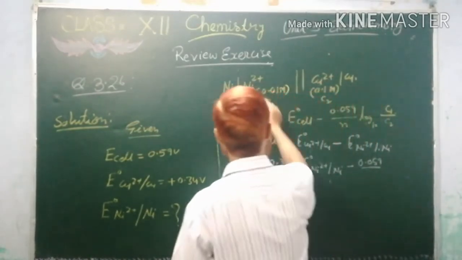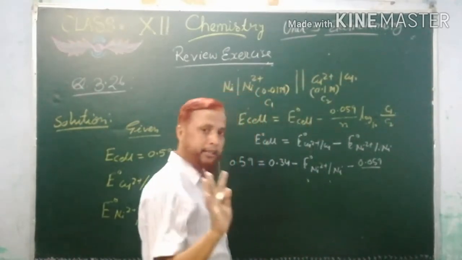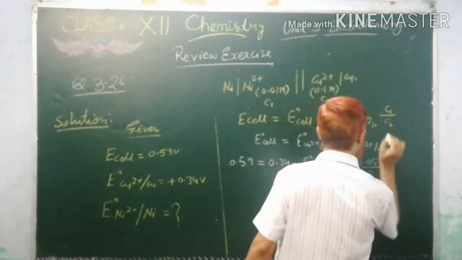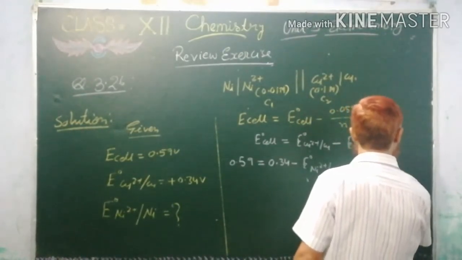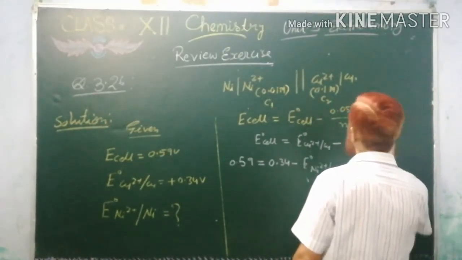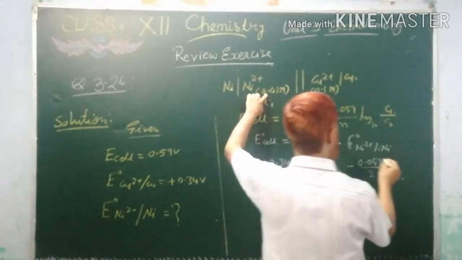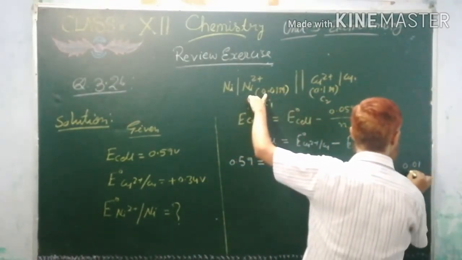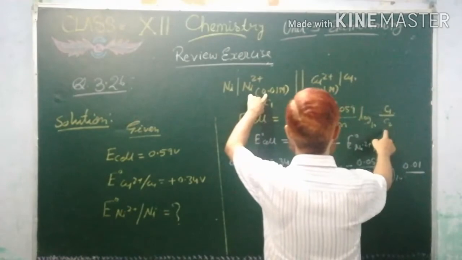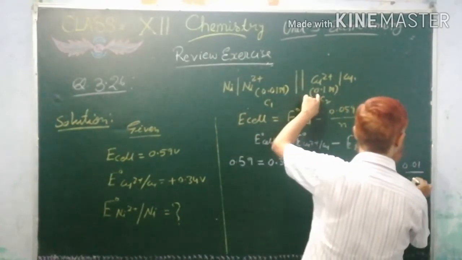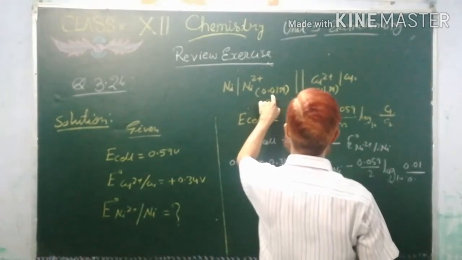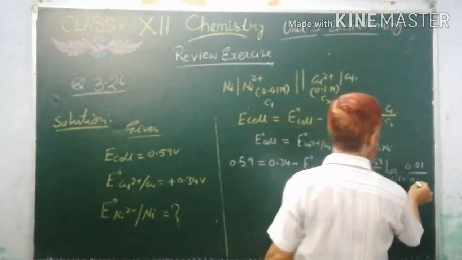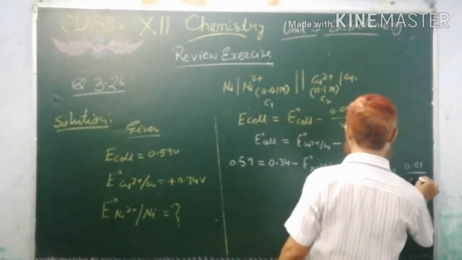The value of n: since 2+ and 2+, 2 electrons are required, so you will write 2, log base 10, concentration C1, 0.01, divided by concentration C2, 0.1.